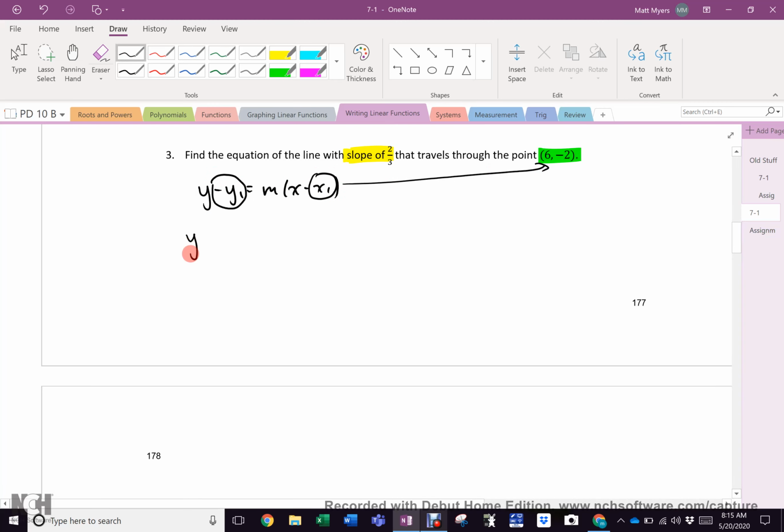So we have y minus, there's my point, minus 2 equals m is slope, 2/3, x minus 6. Then we just tidy it up. Y minus minus 2 is y plus 2 equals 2/3. X minus 6 is just x minus 6. Done.